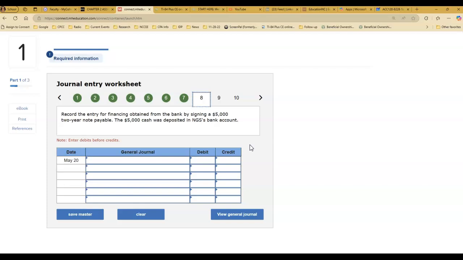Record the entry for financing obtained from the bank by signing a $5,000 2-year note payable. The $5,000 cash was deposited into Nicole's Getaway Spa bank account. So cash is going up with a debit. Good. Okay.